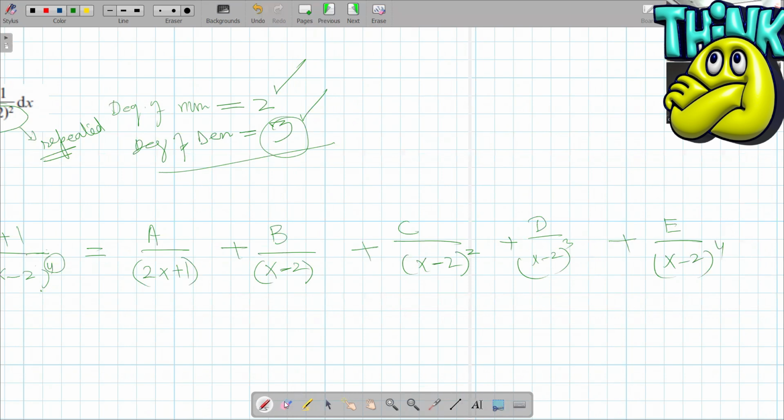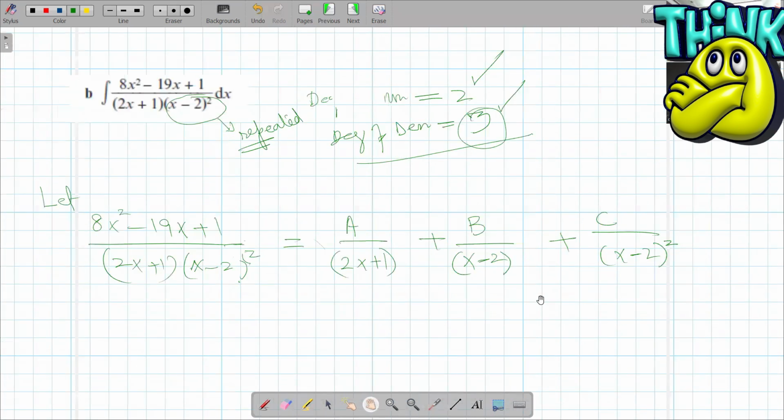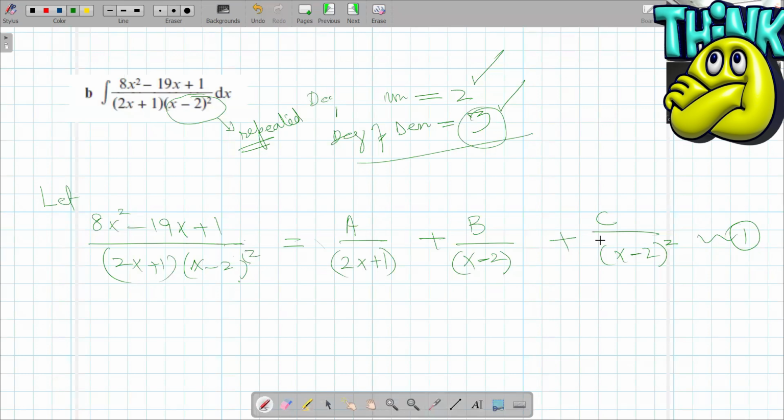But we are lucky that we have power 2 here, so we don't need to extend it to power 3 or 4, just keeping up to power 2. This is our first equation. You got that?